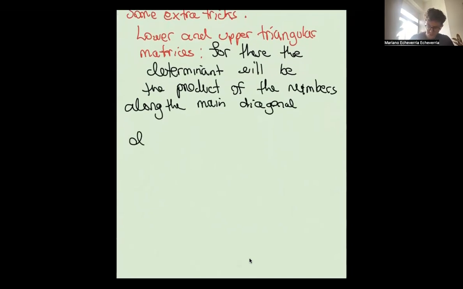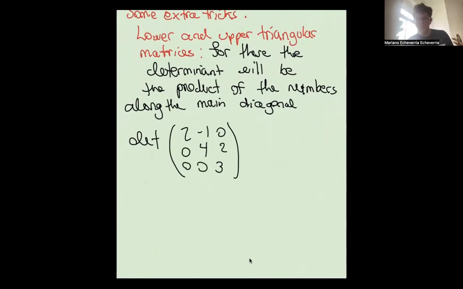Imagine I ask you to find the determinant of something like 2, 4, 3, 0, 2, 0, 0, 0. There's a lot of zeros. You could expand along the first column, for example, or the third row.